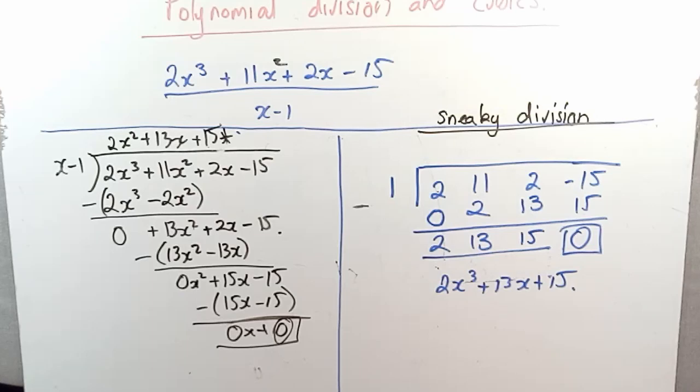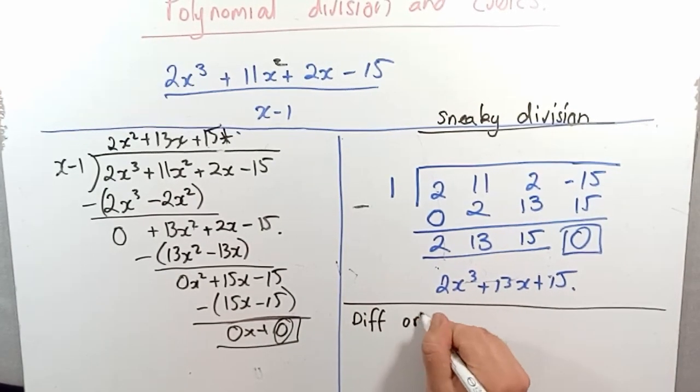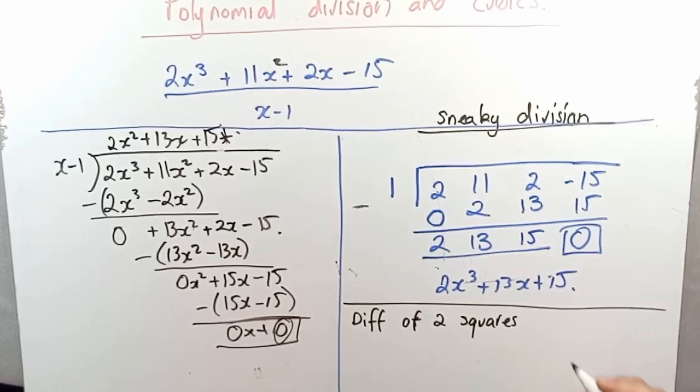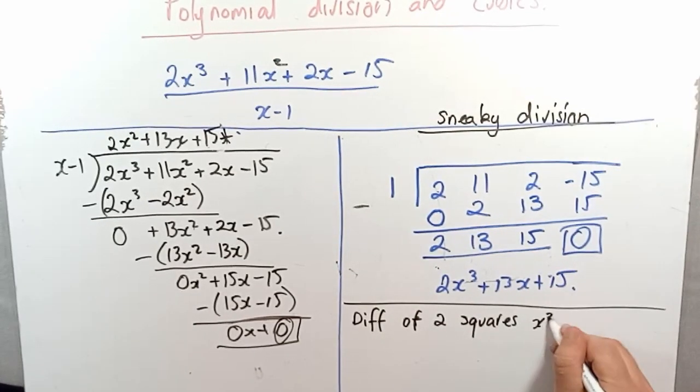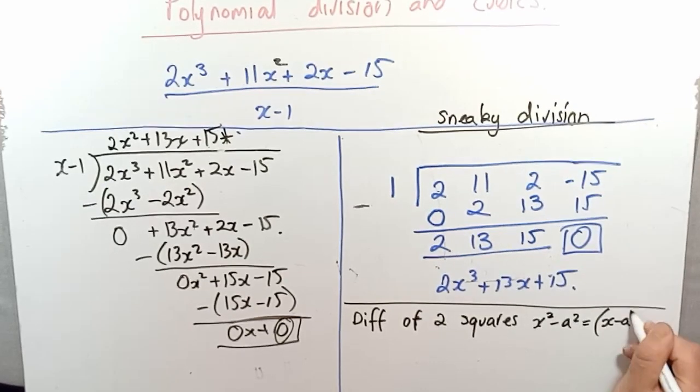Couple more things. What have I got down here? I'll do it on this one. Okay. A couple of things that you should know about cubics. When you've got the difference of two squares, you know that if you've got x squared minus a squared, then it factors to x minus a, x plus a.